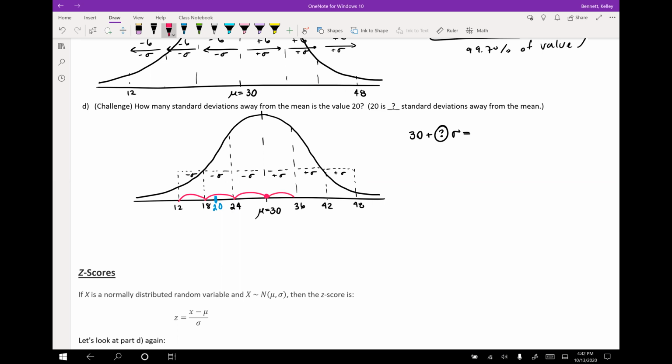So every step would be a standard deviation. How many of those steps do I need to take to get to 20? Well, we know that standard deviation is 6. I still don't know how many steps I have to take, but I know that each step is 6. So now I'm going to solve this for our unknown quantity. So I'm going to subtract 30 from each side.